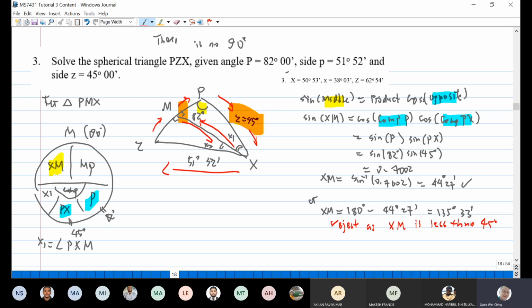The largest angle is 90 degrees. Opposite the largest angle is 45. So XM, which is the side of the triangle, must be less than 45. This is how we decide here. So now I know what XM is. We use one color. So XM is 44 degrees, 27 minutes. This is how you find XM here.